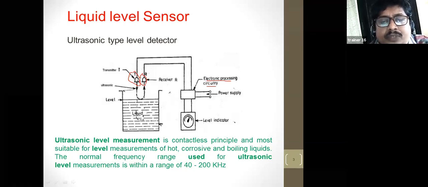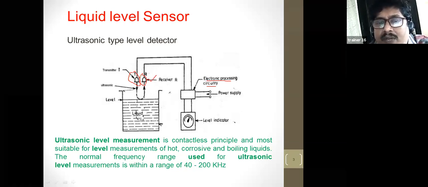When you send ultrasonic waves, the transmitter transmits the ultrasonic waves, and then they touch the surface of the liquid, are reflected, and are received by a receiver.